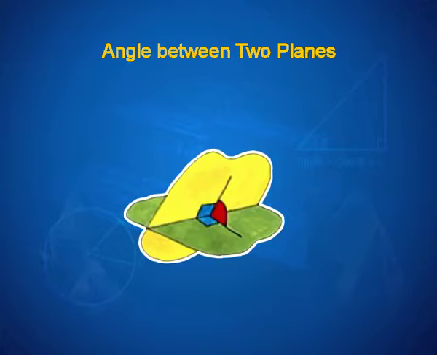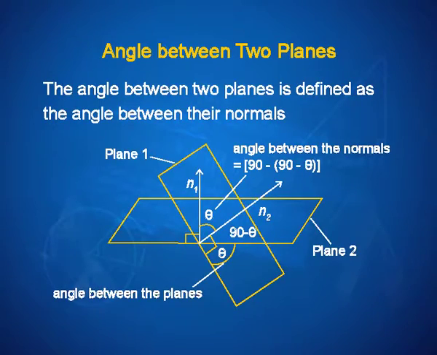We say that the two planes are inclined at an angle which can be calculated the same as the angle between their normals. To understand this better, let us consider another figure. Here we have two planes 1 and 2 intersecting at an angle theta. So, how does this become the angle between the two normals?